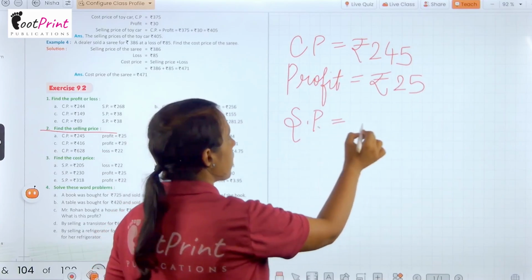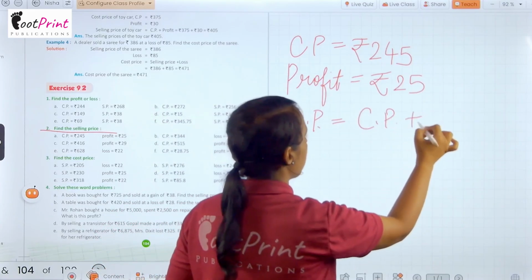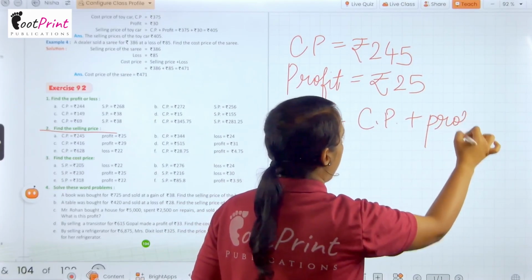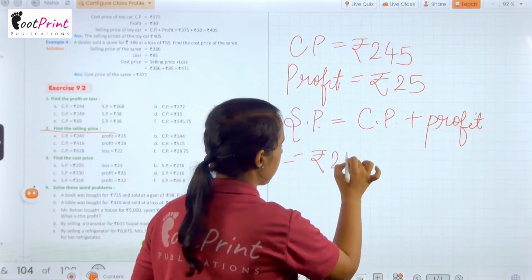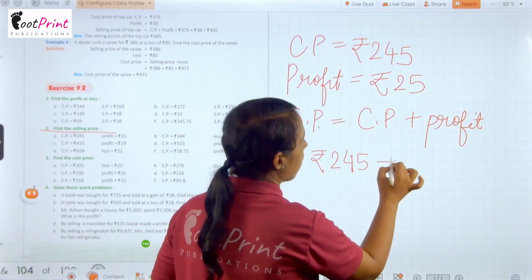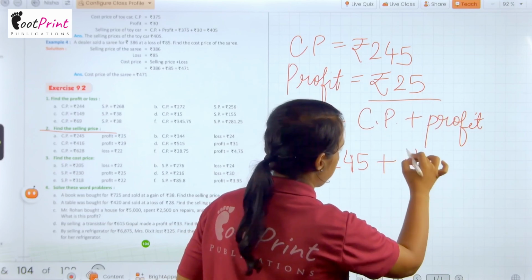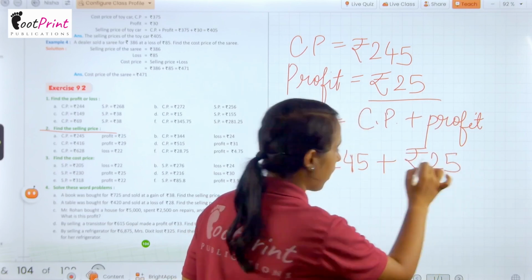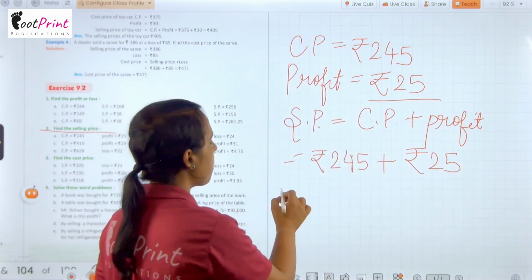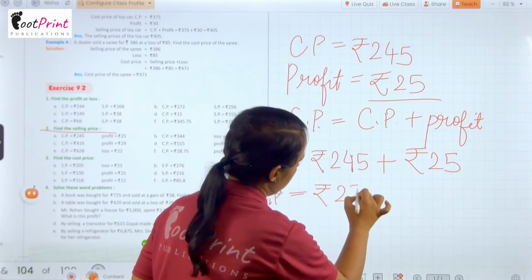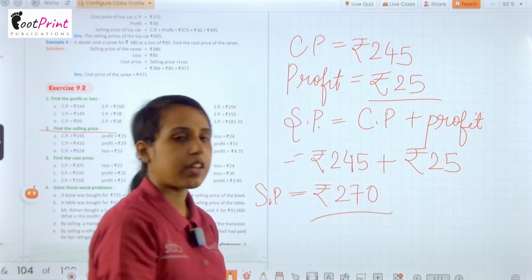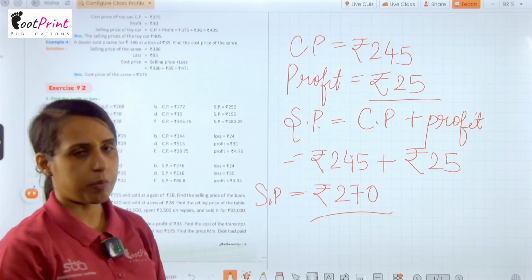SP equals CP plus profit. Okay, and CP is given here 245 rupees plus profit is 25 rupees. And after adding that, we get SP is equal to 270 rupees. Okay, so in this manner, we can easily find out the SP also.